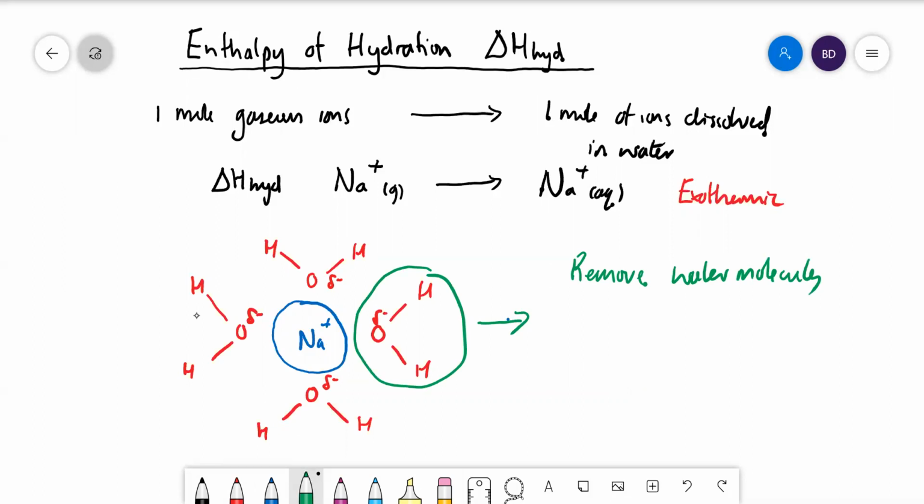Because you've got a negative end, it's attracted to the positive sodium ion. So there's a force of attraction there, so you have to do work. You have to do force by a distance. So you have to put energy in, so that's going to be endothermic. So the opposite process, when the water molecules come in and form an interaction with the sodium ion, is going to be exothermic.